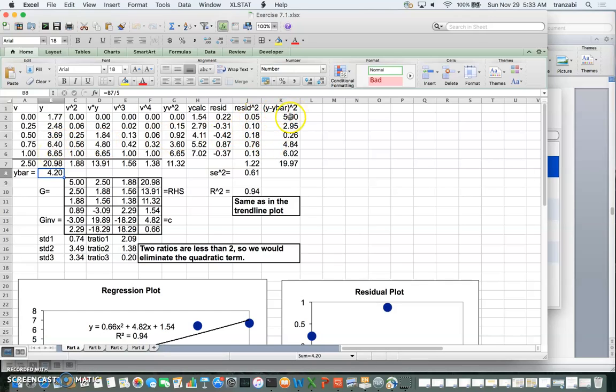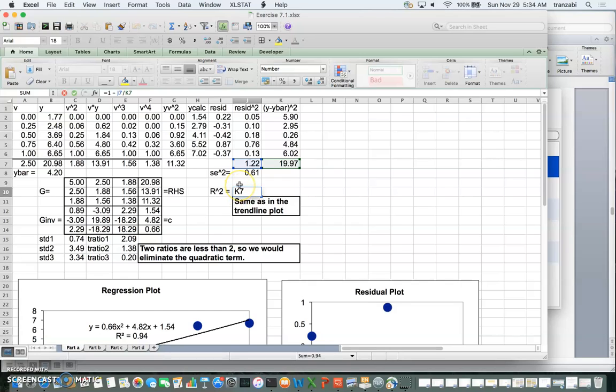Okay, so we have Y bar, we subtract it from every Y, so this is this Y, not the calc, just the experimental value for Y. Okay, Y minus Y bar, and then we calculate this for every data point, we sum them up, and then for the correlation coefficient, we divide the residual squared by the sum of Y minus Y bar squared.